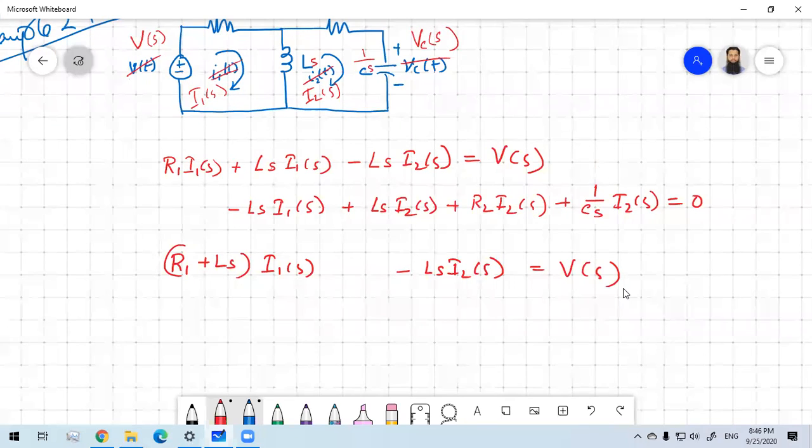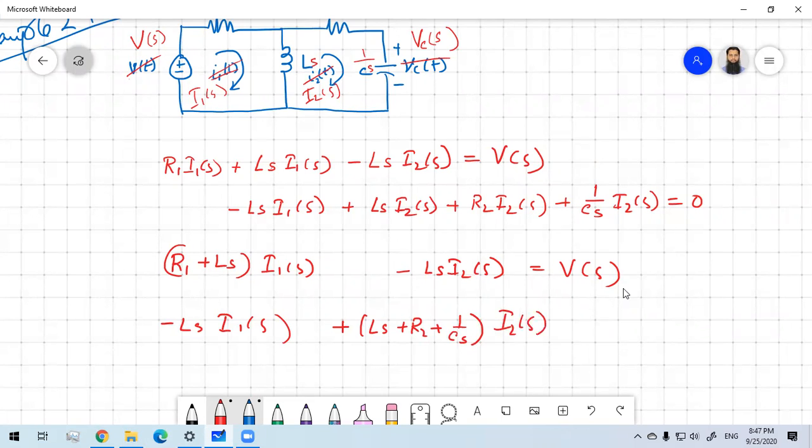Then here you have minus Ls I1(s). Then all the impedances will be summed together, basically Ls plus R2 plus 1 by Cs, with your I2(s) equal to 0.